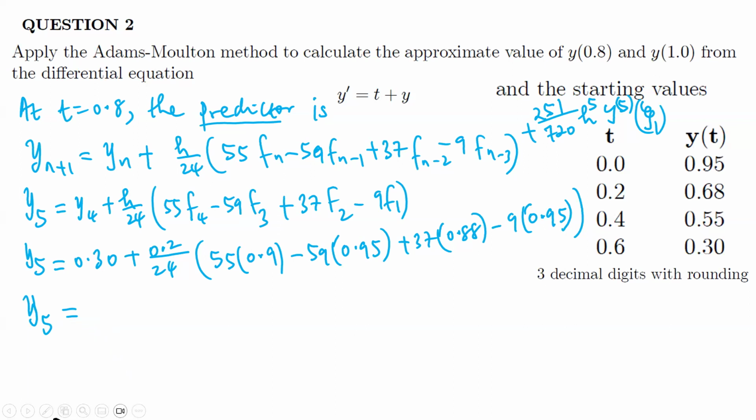Now this is the case, and then you're getting Y5. Let us use a calculator to get the answer.